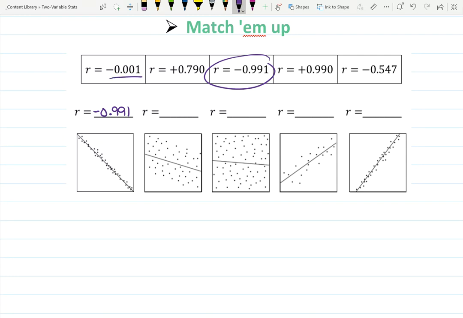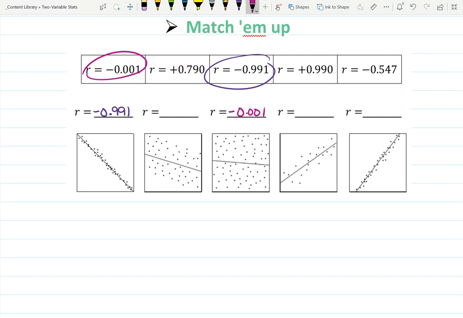Don't think that one, because that's pretty much no correlation at all. The middle one is just a hot jumbled mess. The fact that they're giving that a negative is just them being nice.